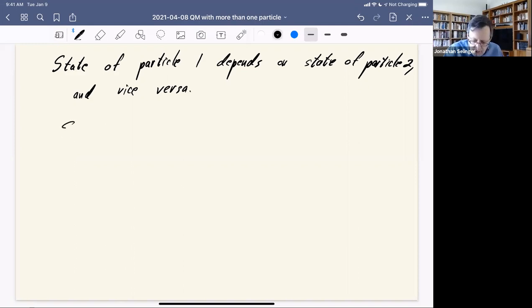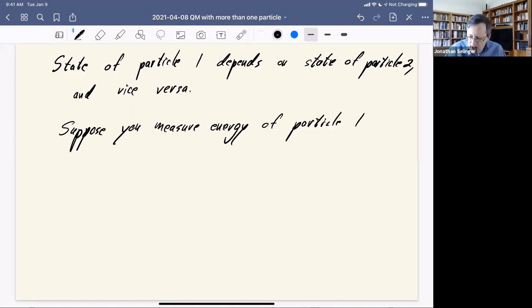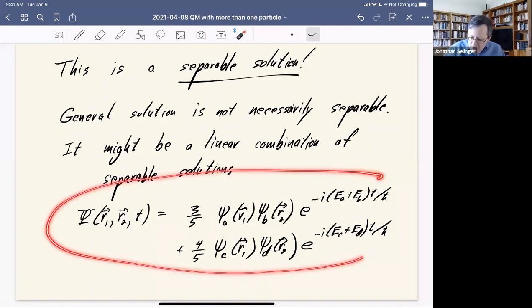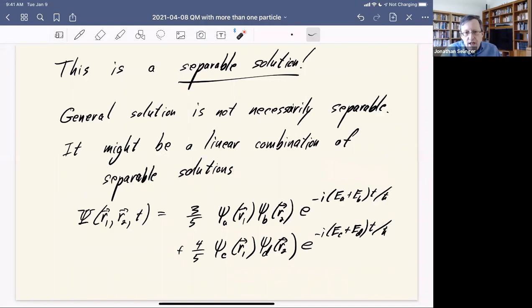Suppose you measure the energy of particle 1 in this state. Okay, so the state of the system is this thing, and you measure the energy of particle 1.